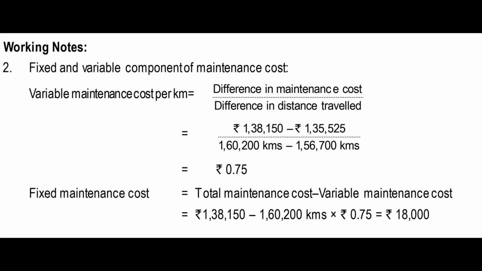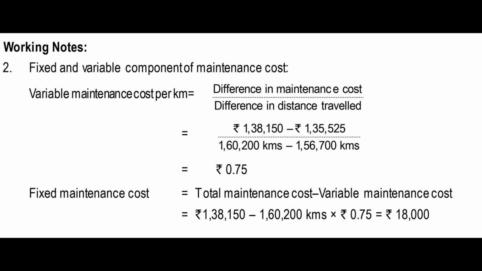Whenever 2 years are given, we have to take the difference in maintenance cost and the difference in distance travelled, and find out the variable cost per kilometer. Listen very carefully. Then we have to find out the total fixed cost. The formula: variable maintenance cost per kilometer is equal to difference in maintenance cost divided by difference in distance travelled.